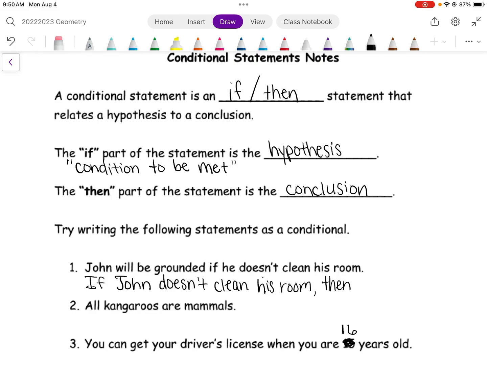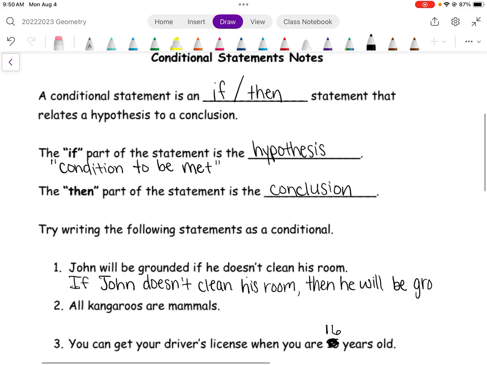Then the conclusion, if that doesn't happen, would be he will be grounded. That's how you format a conditional statement. And notice we did not change the meaning of that statement. Both sentences we have here mean the exact same thing. If you change what the sentence means, then you're not really writing a true conditional, okay? We want to keep it the same.